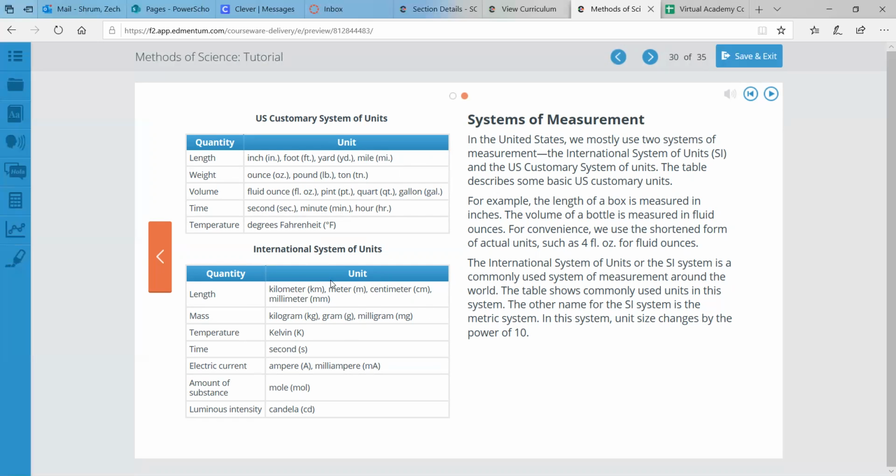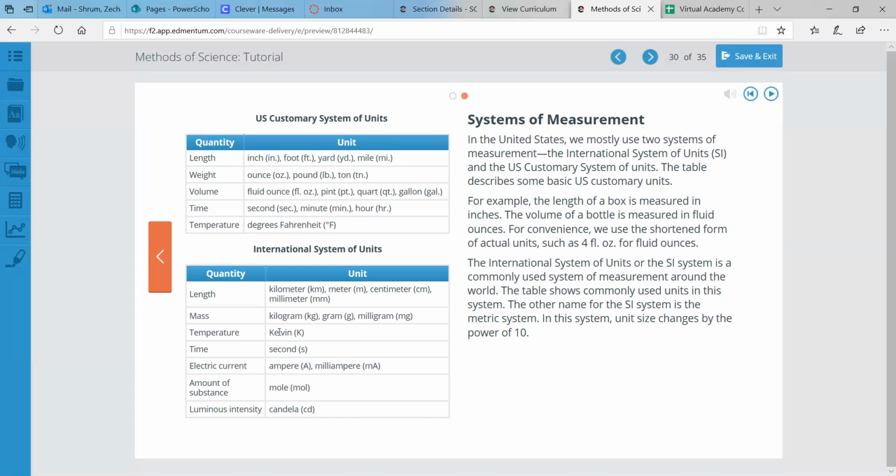Where a kilometer is just 1,000 meters, and then 100 centimeters are in a meter, and then 10 millimeters are in 1 centimeter. And so it's just 10, 10, 10. It's really easy to remember. And they're all like that for length and mass, not time or temperature, sorry. But these are what we use in science to make sure everyone's on the same page.